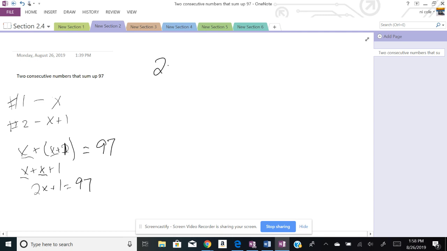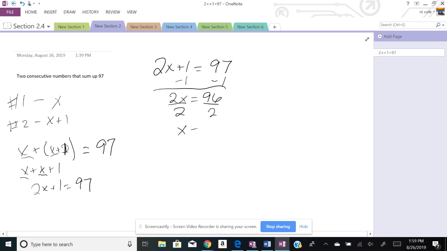So if I have 2X plus 1 equals 97, the first thing I want to do is subtract 1 from both sides, giving me 2X is equal to 96. Then I need to get rid of that 2 in front of the X, so I'm going to divide, giving me X equals 48.